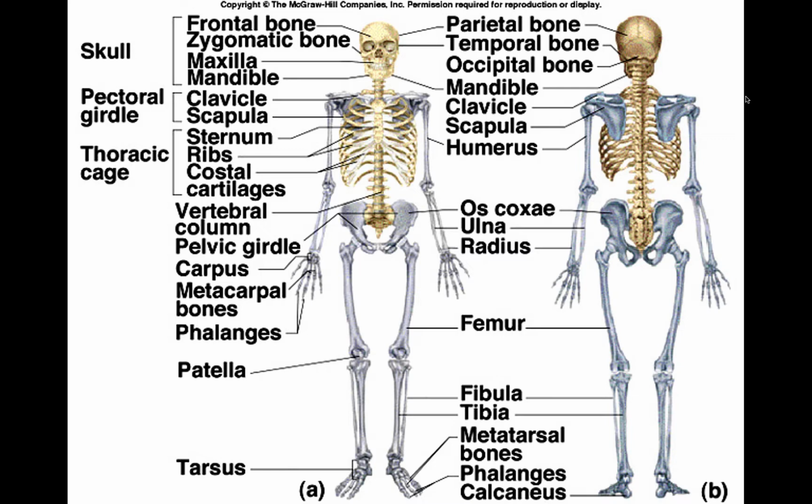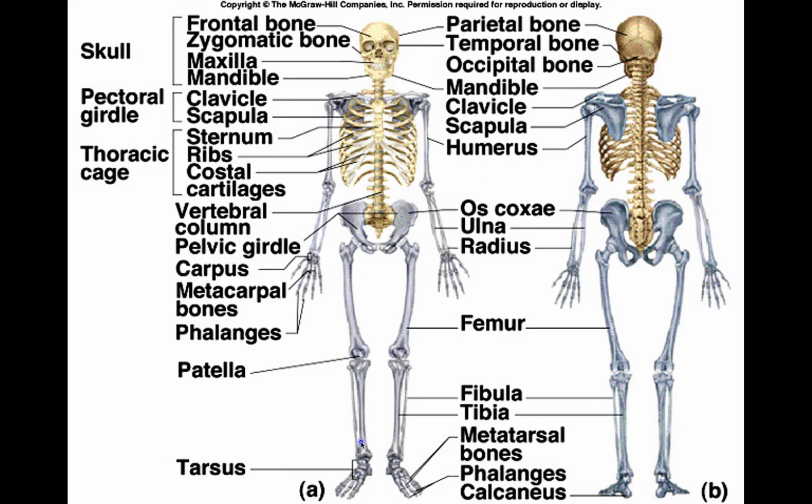Now you're going to need to know all of these bones for this lab, or I should say over the next few labs. But for the course of Bio 201 lab, you will need to know all of these. So we can see in yellow here our axial skeleton. In grayish blue, we can see our appendicular skeleton off to the side.